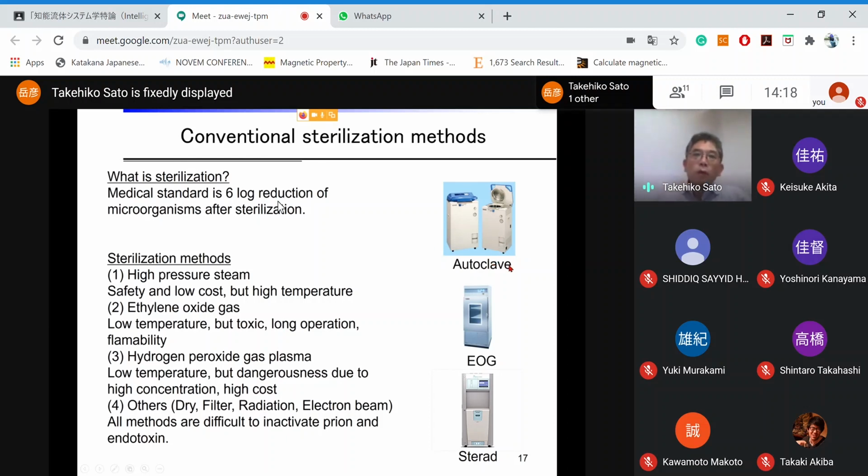And so autoclave uses high pressure water vapor. It becomes 121 degrees Celsius for 20 minutes, and all bacteria can be killed. That's autoclave.